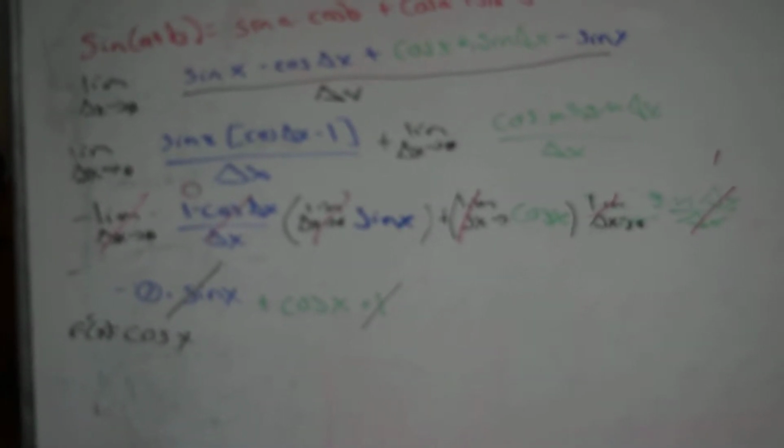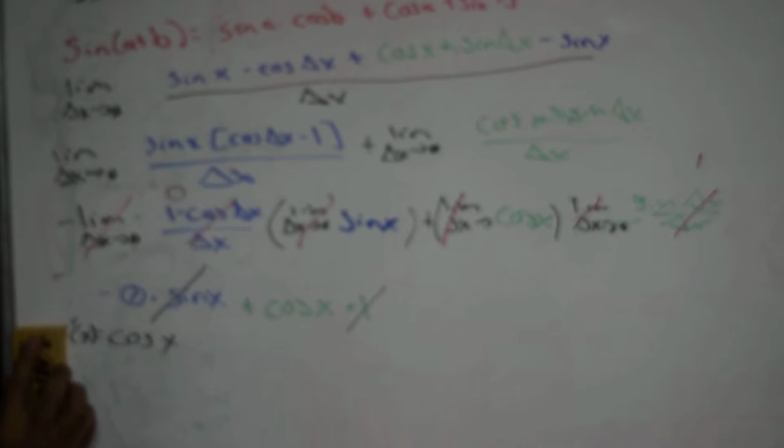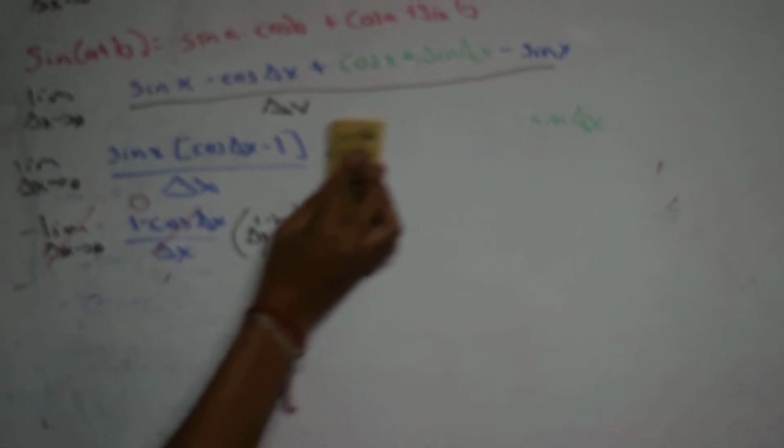So now what happens if we want to do the same process but with the cosine of x?